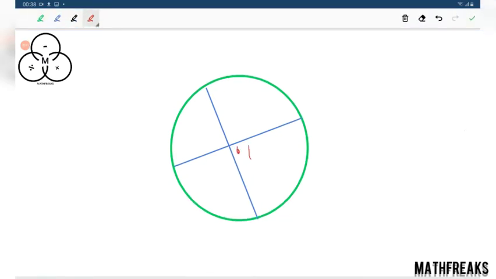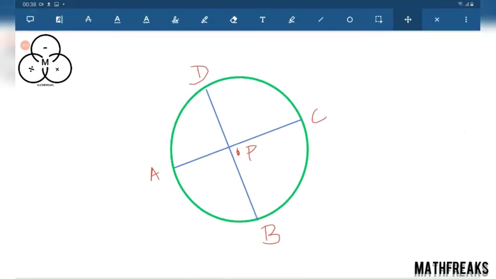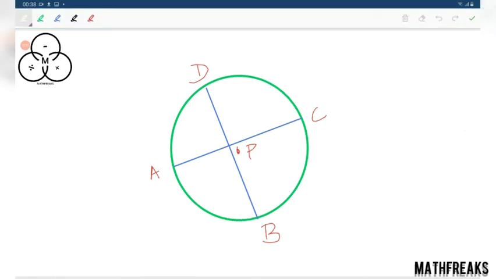This point is P. This is A, this is B, this is C, this is D. This angle is 60 degrees. This angle is 60 degrees.